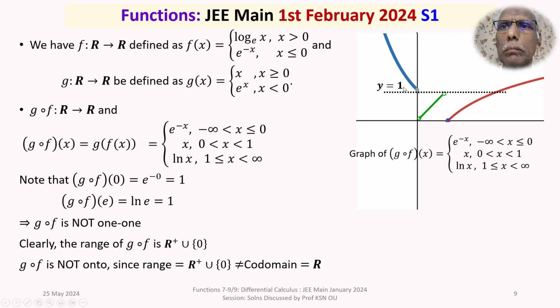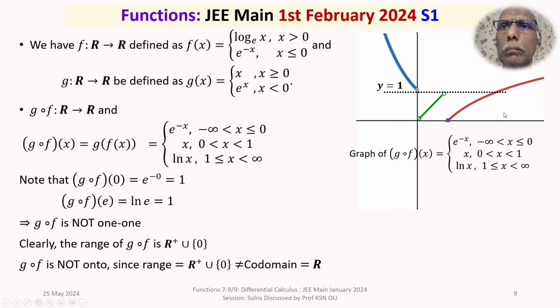If you draw any line parallel to the x-axis, y greater than 1, anyone if you draw, you can draw like this also, it intersects. Therefore it's not 1-1. And it is not onto because the codomain is all real numbers, but the range is all positive real numbers including 0.